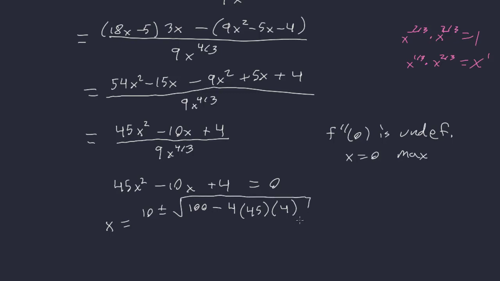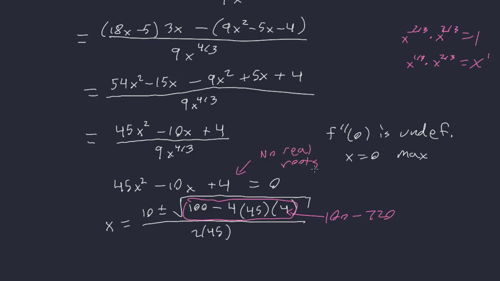Well, that's 45 times 16, which is going to be 720. And then the whole thing is all over 2a. So what's underneath the square root here? This is 100 minus 720. So this is a negative value. So this has no real solutions, or no real roots.